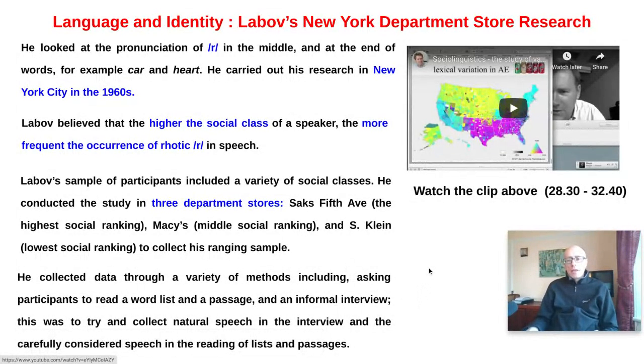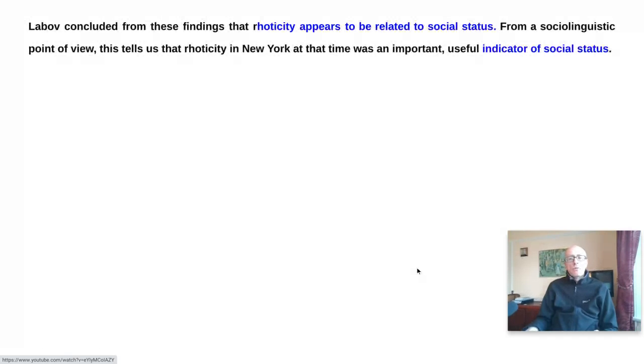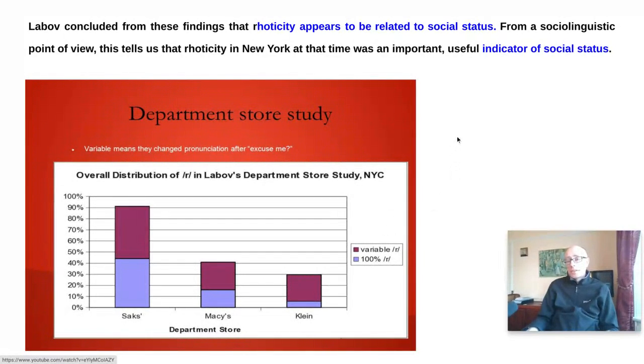Okay, now, so here's a graph that shows you what he concluded, because basically he concluded that rhoticity appears to be related to social status, and that actually rhoticity in the 1960s in New York at that time was a useful indicator of social status.